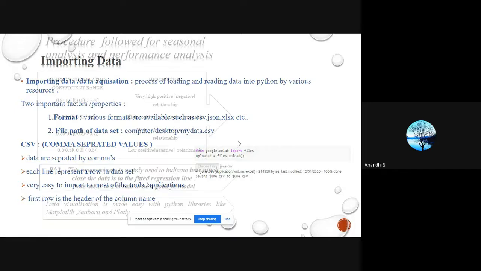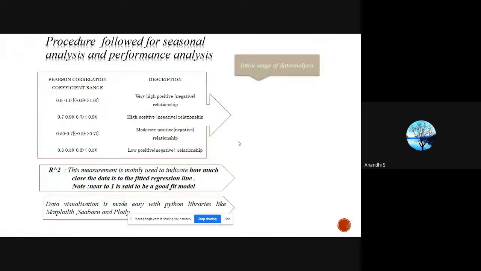Then what is the procedure I have followed for seasonal analysis? First, I have done the initial stage of data analysis. It's nothing but checking what type of data types. There are different types of data types, we all know. We have to check whether each is correctly detected.